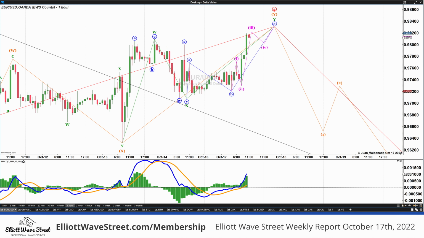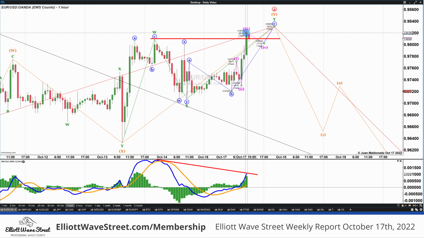So right now something interesting is happening, because the price is reaching a higher high, but the MACD is not doing that yet. So this is the concept of divergence. But look how great it is to combine the divergence concept with the wave count, because we know now that we have divergence, and this is likely to be wave 3.